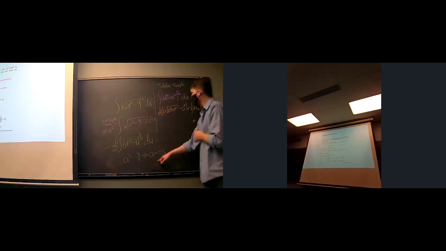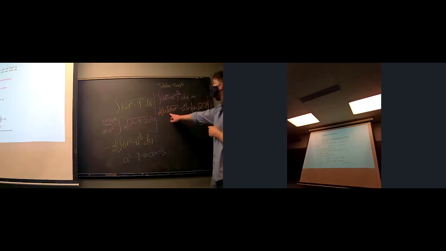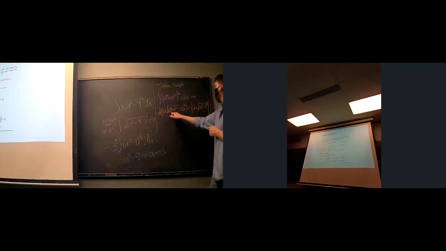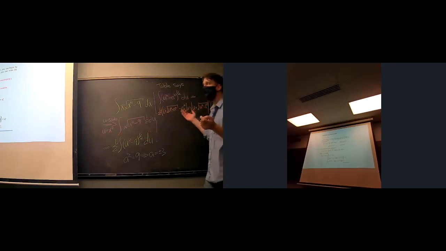So from here, we're going to say, all right, just plug in 9 to all of these a squareds. Then come back to our u sub and apply x squared to all of these u's. And that's all it is.